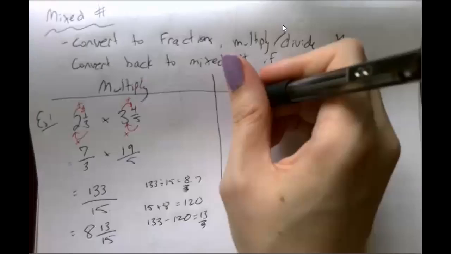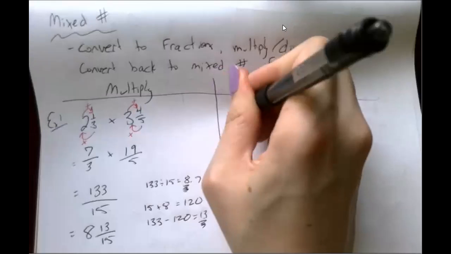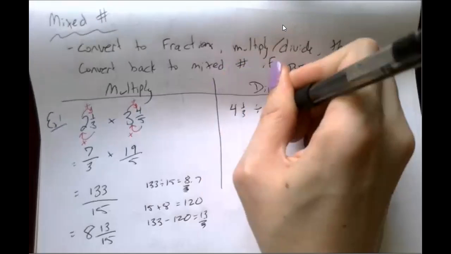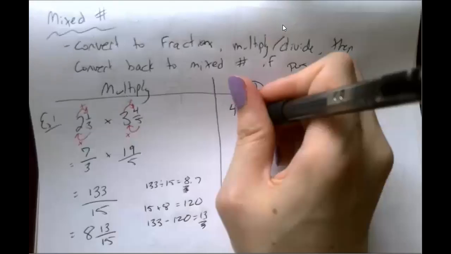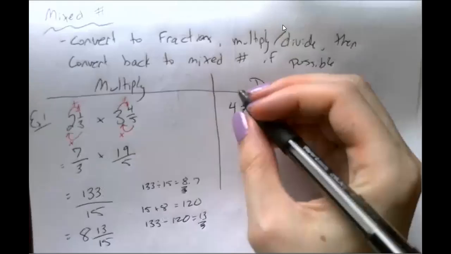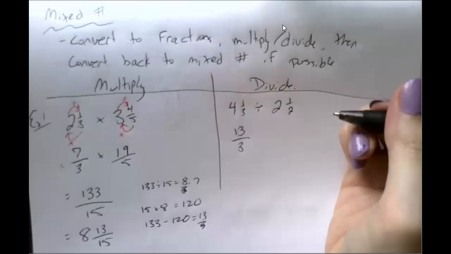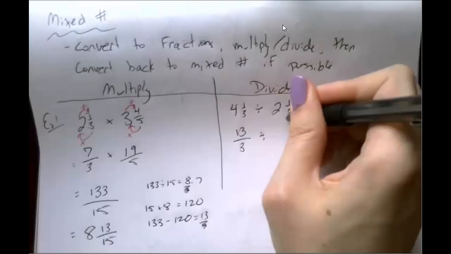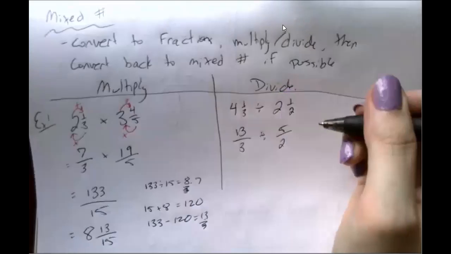For the division, let's do 4 1/3 divided by 2 1/2. Again, I'm going to turn these into fractions. So 3 times 4 is 12, plus 1 is 13, and we keep our denominator. 2 times 2 is 4, plus 1 is 5 over 2, so 5/2.